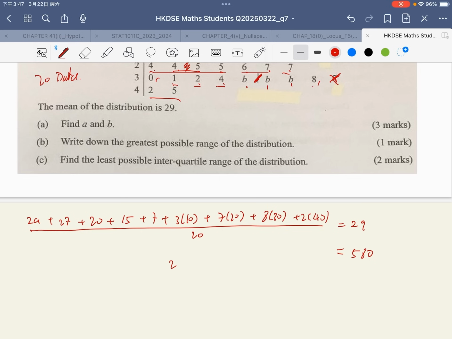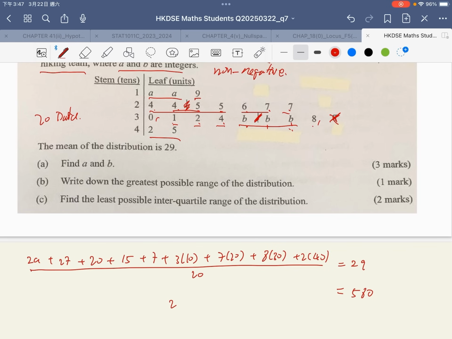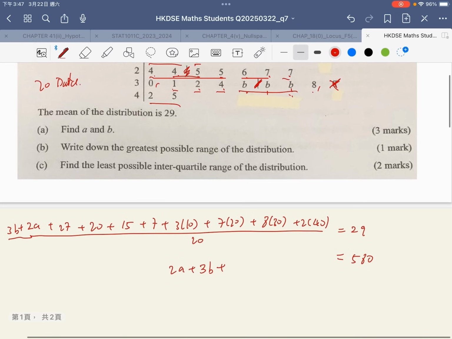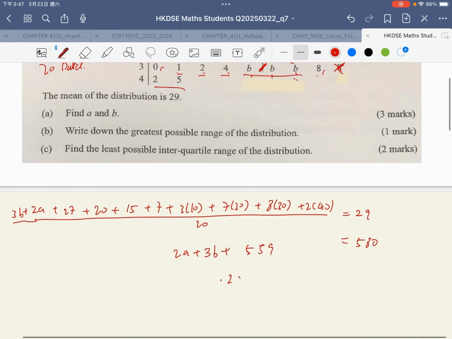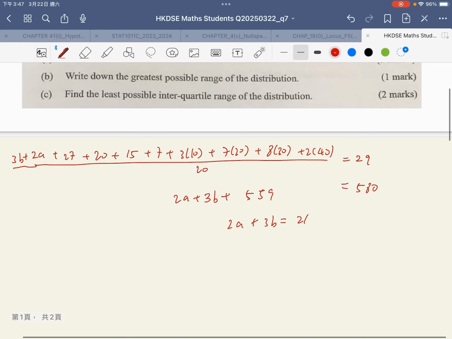Here is 2a plus, sorry, I missed 3b. 2a plus 3b. Also, I add these numbers together and I obtain 559, and move that to get a plus 3b equal to 21.